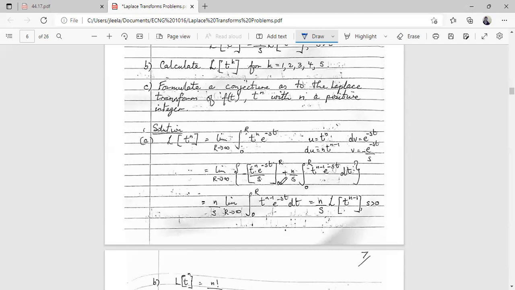And then v du will be minus, you remember you have a minus, so minus becomes a plus. So you could pull the n over s on the outside, and you'll have t^n e^(-st), and you're taking the integral of that between r and 0.